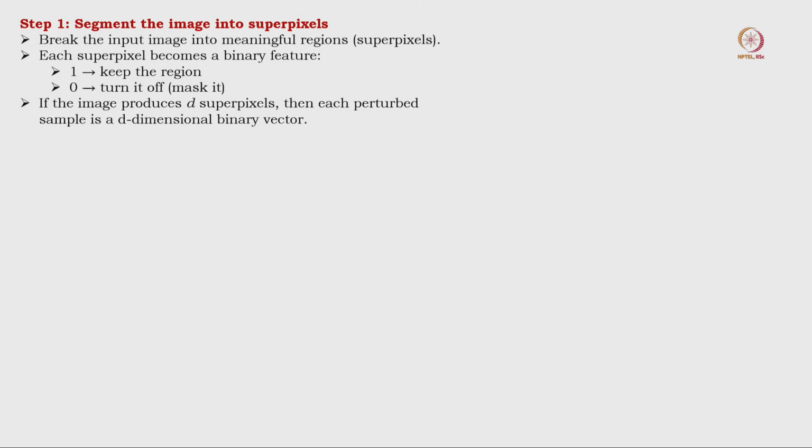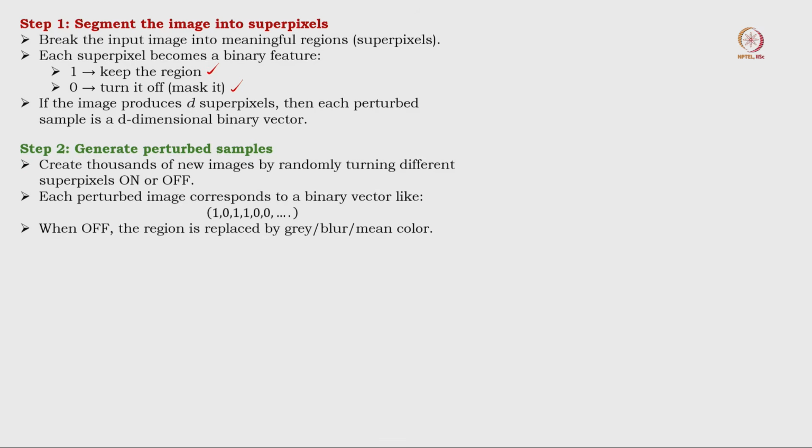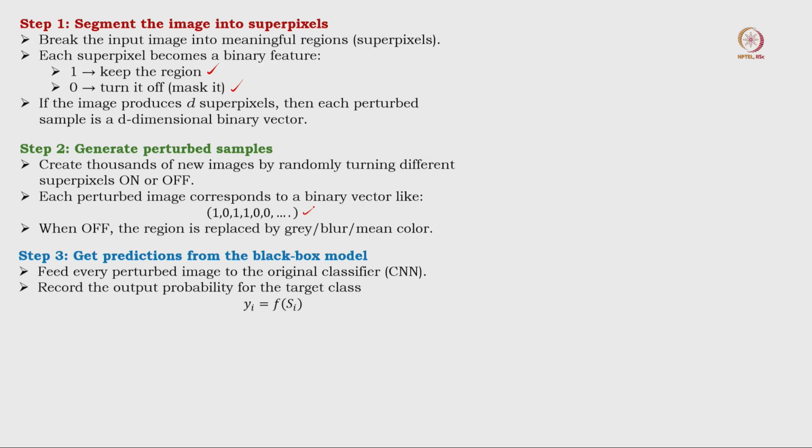A quick revision, how did we do this? We first started with segmenting the image into superpixels. Superpixels which are kept get the value 1, and those which are masked get the value 0. Then we generate perturbed samples, and these are passed to a black box CNN model to get the predictions.